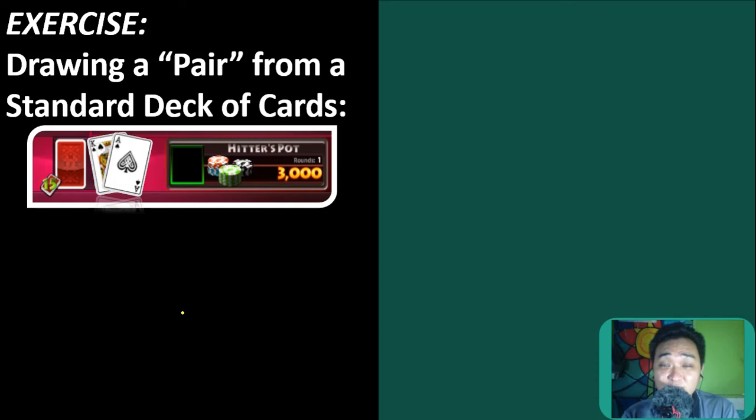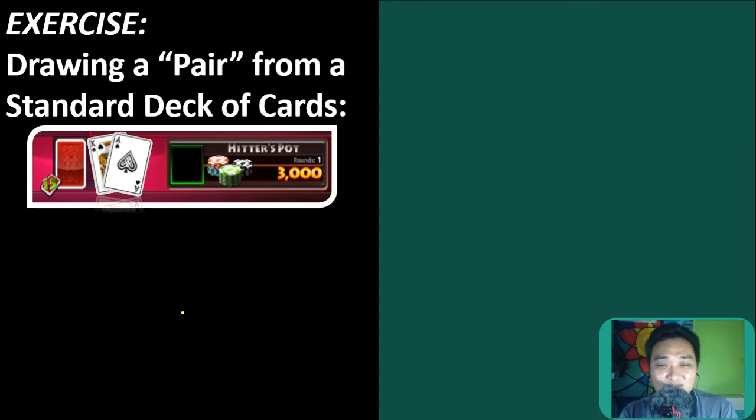Alas, 2, 3, 4, 5, 6, 7, 8, 9, 10. Tapos meron pang jack, tapos meron pang queen, tapos meron pang king. So all in all, kung bilangin natin yung set ng cards na yon, 13 yon. Meron tayong apat na suit.